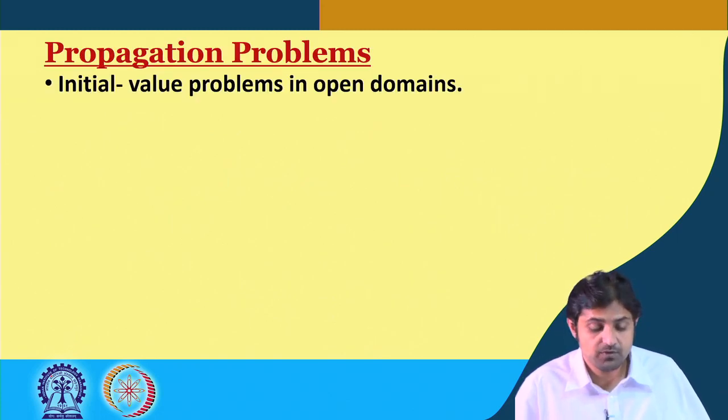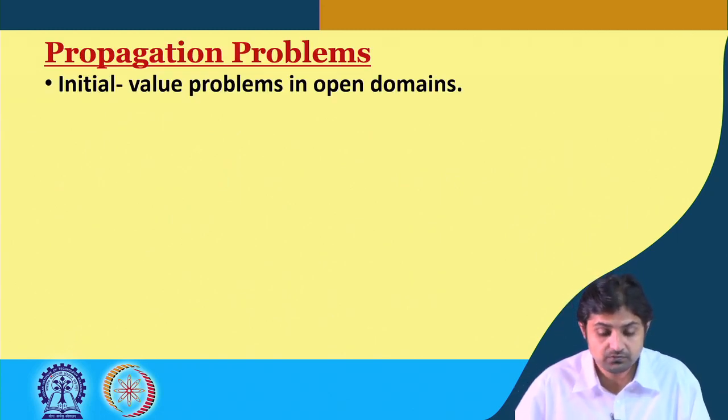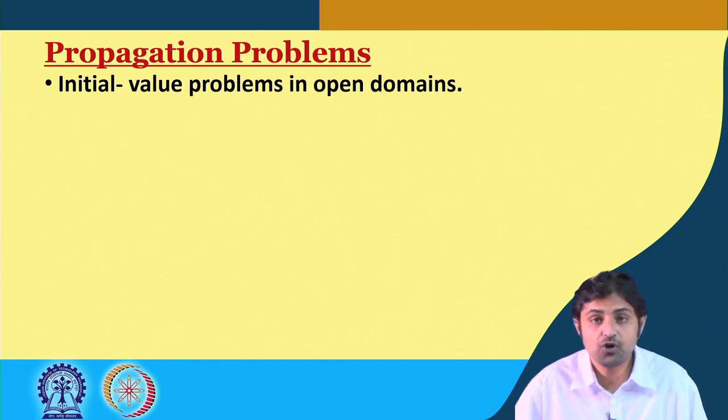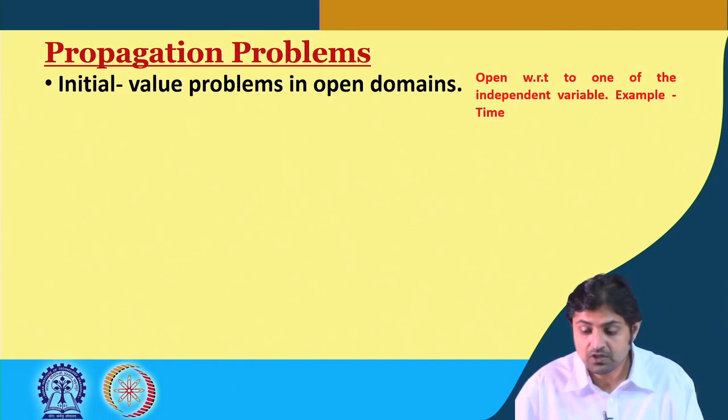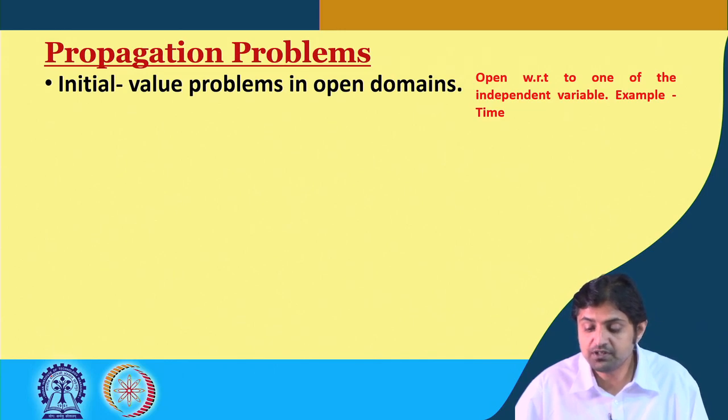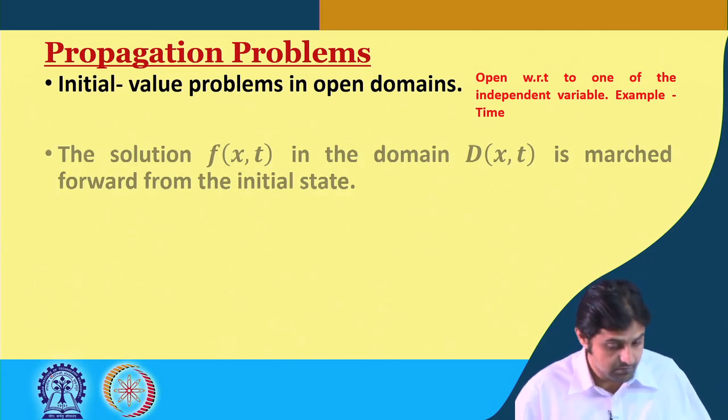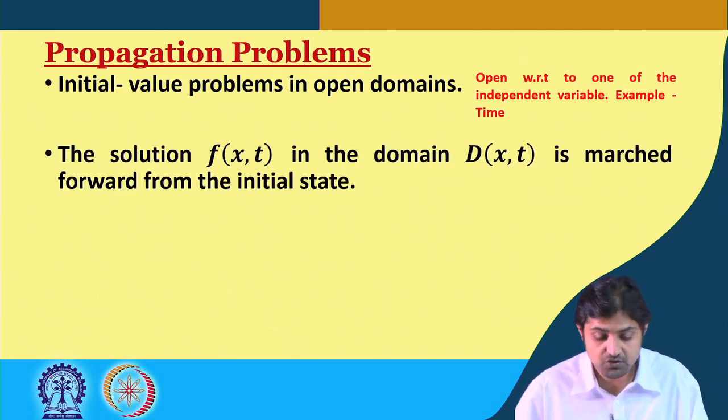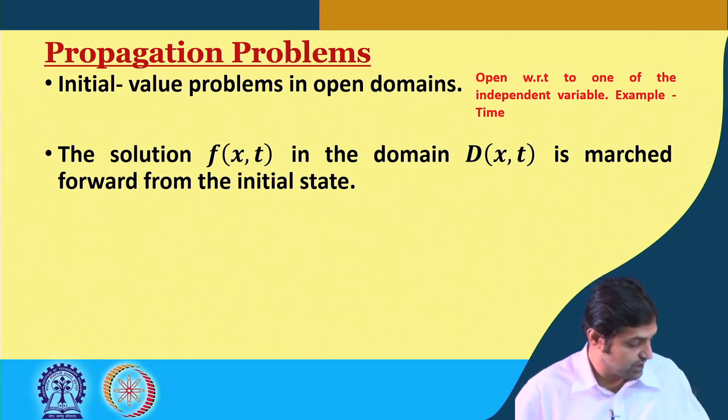The second type of problems are propagation problems. An example is initial value problems in open domains. Open with respect to one of the independent variables, for example time. The solution f of x comma t in the domain is marched forward from the initial stage. Okay, so we know things at time t equal to 0, then we go from t equal to 0 to t equal to 1, then t equal to 2, and then t equal to 3 seconds.